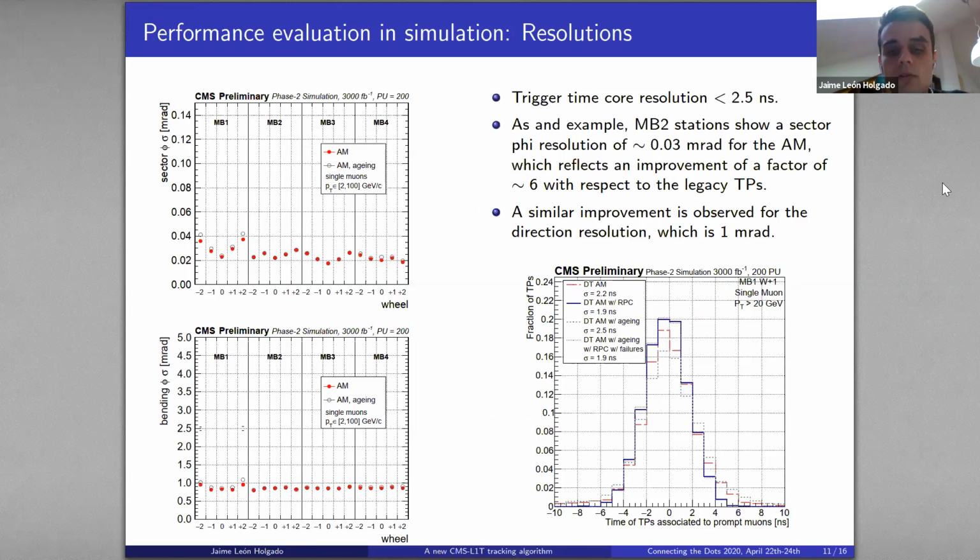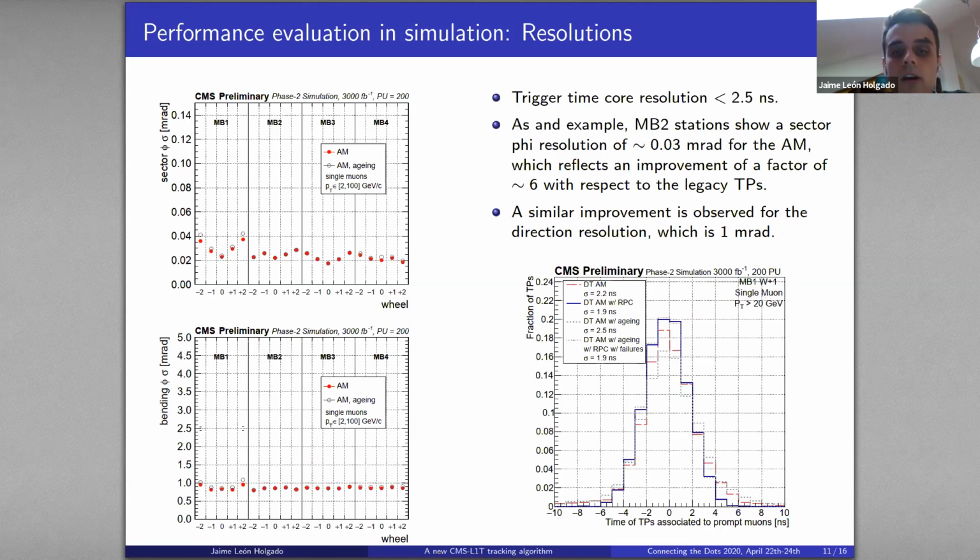Then for resolutions, on the bottom right you can see the trigger time distribution. The core resolution of all the distributions is less than 2.5 nanoseconds, reaching 1.9 nanoseconds when adding RPCs. On the left, you can see on the top the sector phi resolution, and on the bottom the bending phi.